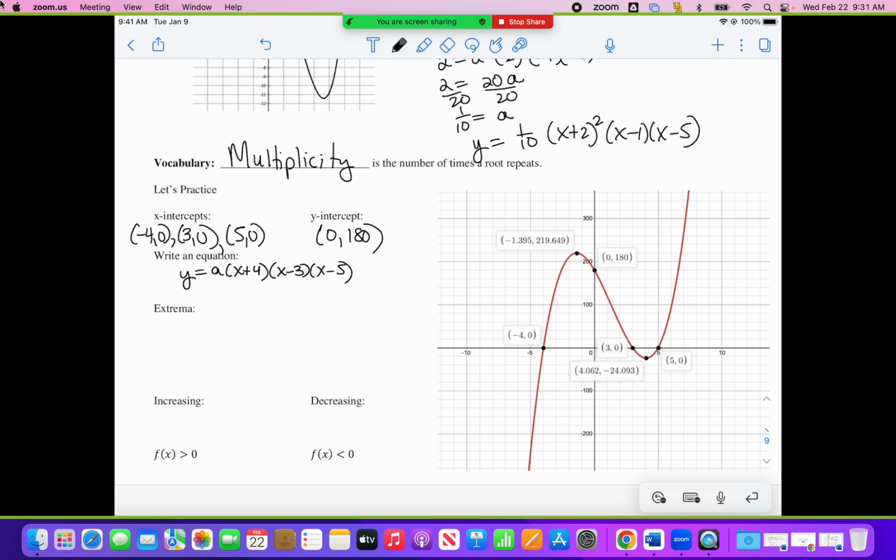Odd is one of each. I don't know if that helps. Now, if it's a down, up, Avery, would that be a positive coefficient or a negative coefficient? Positive, okay? Down, up is positive. Negative is up, down, okay?